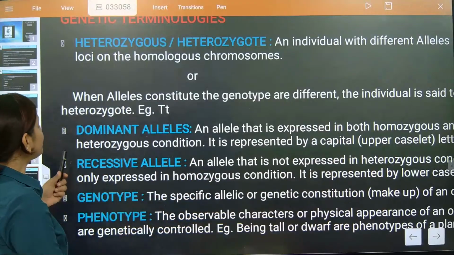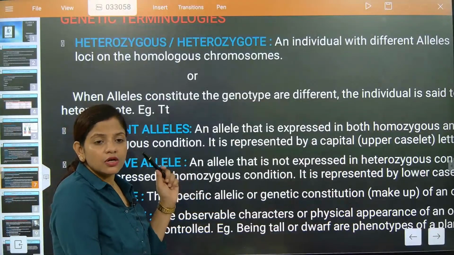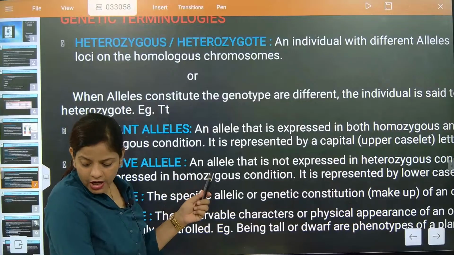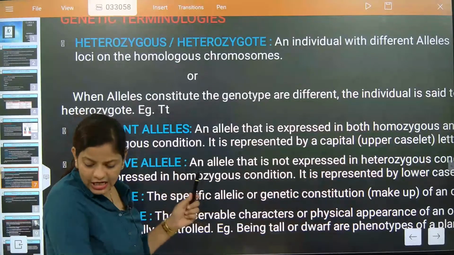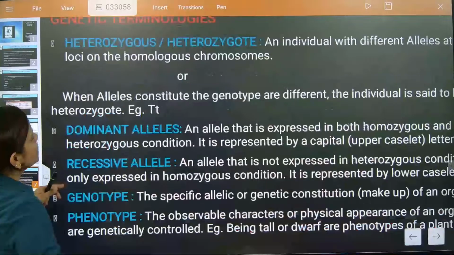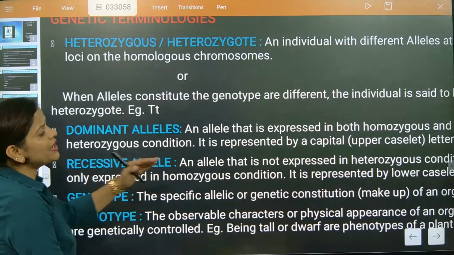And recessive traits are those traits which are expressed only if they are present in a pair. You need to understand this part.